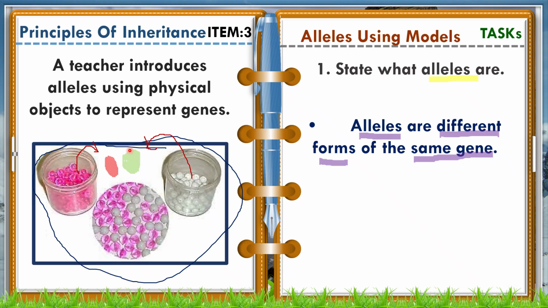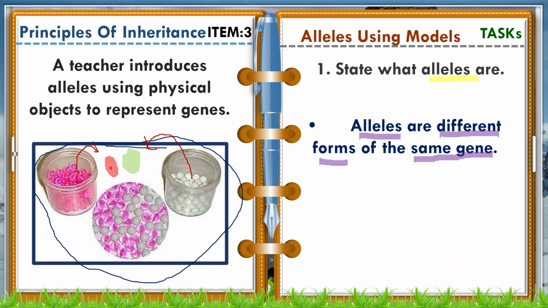This one is in another form, and this one is in another form. So all of them are the same gene. They are genes for color, but they look different. So now we call them alleles.